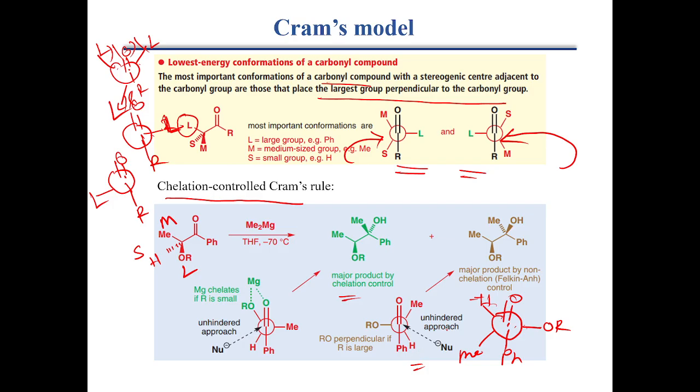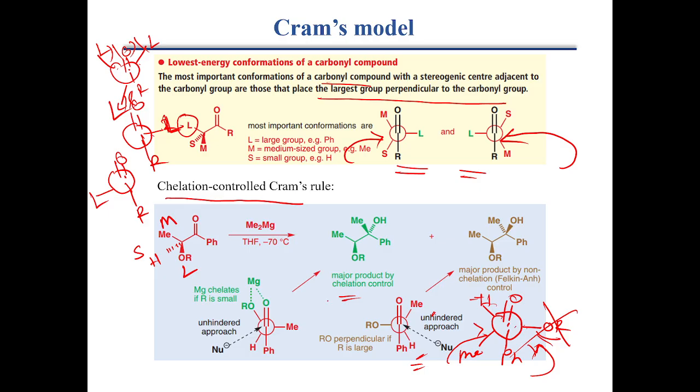Now which attack will be preferred? If we attack from this side, large group and phenyl steric interactions also matter. If we react from this side, the methyl and this phenyl interaction is also possible. So this cannot be the perpendicular position. If we consider this perpendicular position, here hydrogen and methyl group are there. So this attack is an unhindered attack.